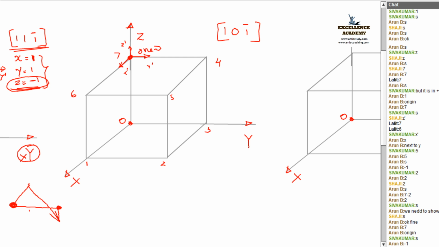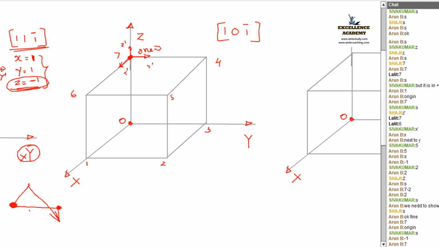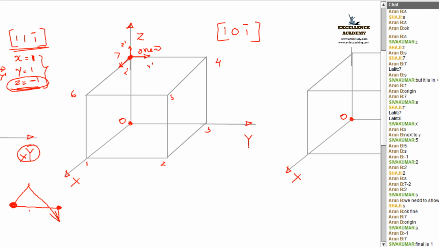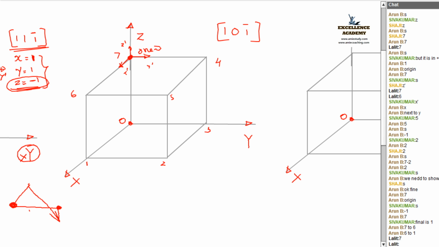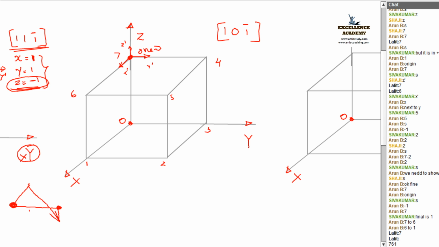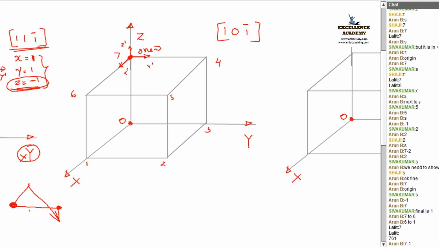Now start your journey. Where is my final point? Someone says that the final is 1. Can all of you agree with that? I want the final answer. I don't want the steps. Final answer is what? Which are the points I have to join?